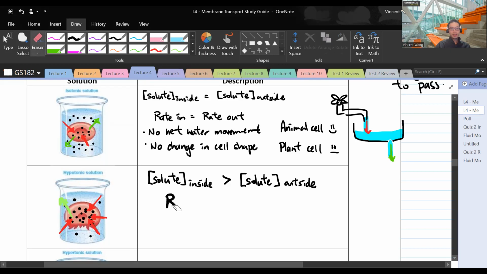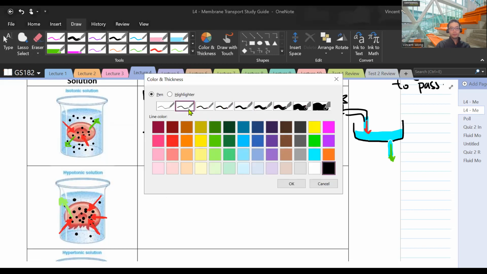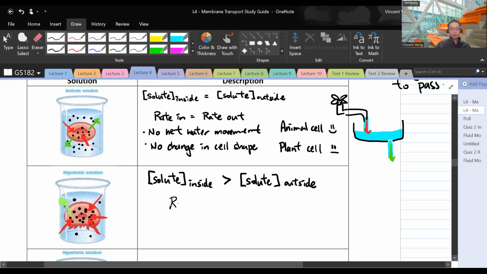So rate in is greater than rate out. Net water movement into the cell.